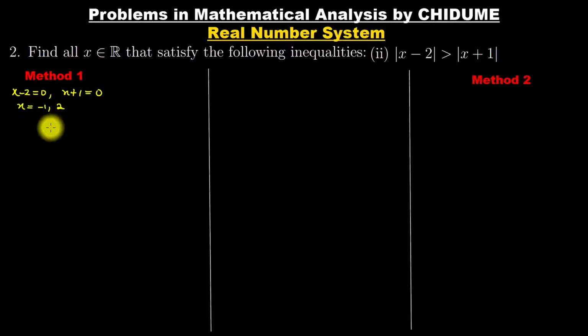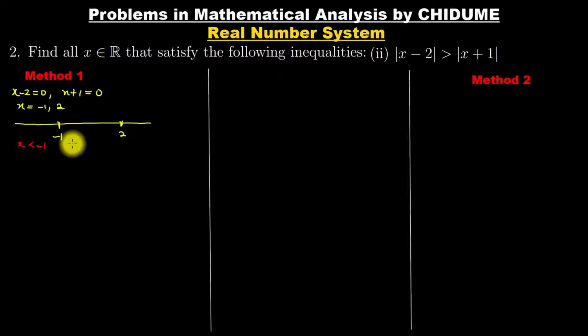Okay, so here, let's say this is my real line. I have this to be negative 1 and I have this to be 2. So I'm going to have three different regions or three different cases. Now the first one is when x is less than negative 1.